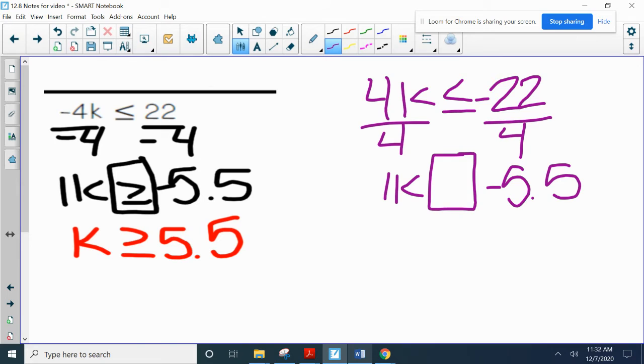The biggest mistake I see with this is that because this is negative, you want to flip the sign.